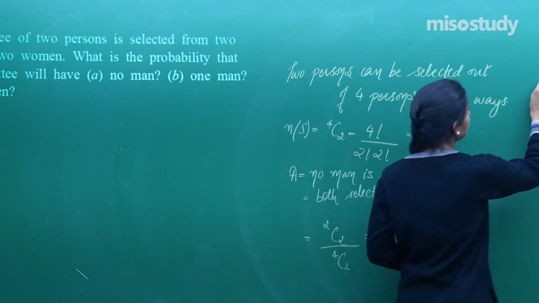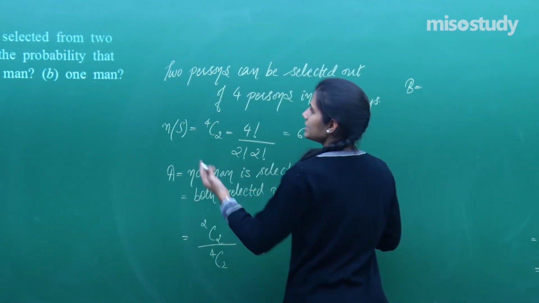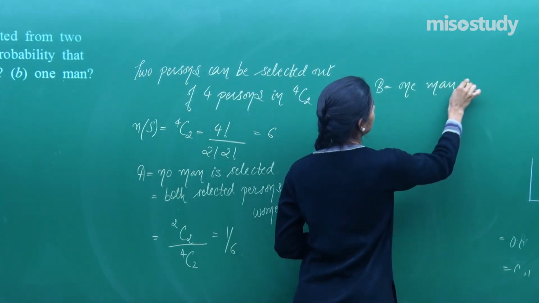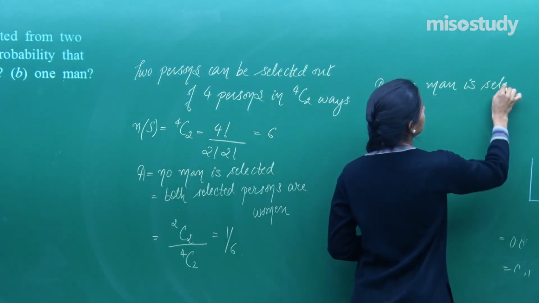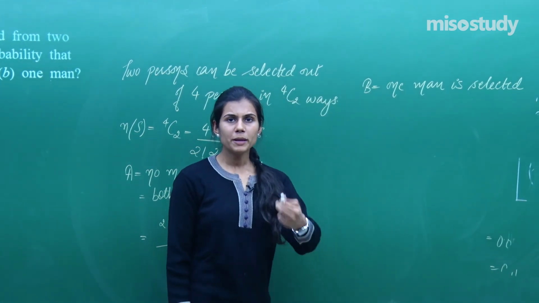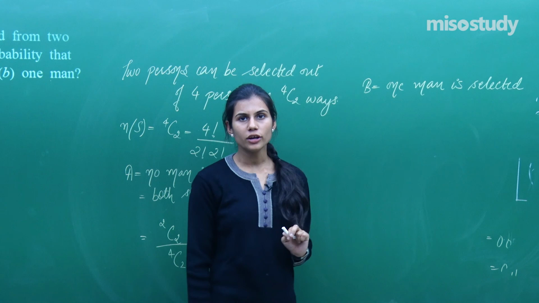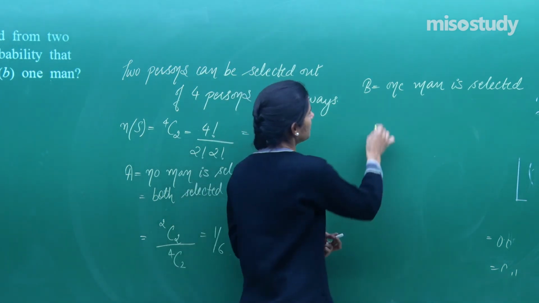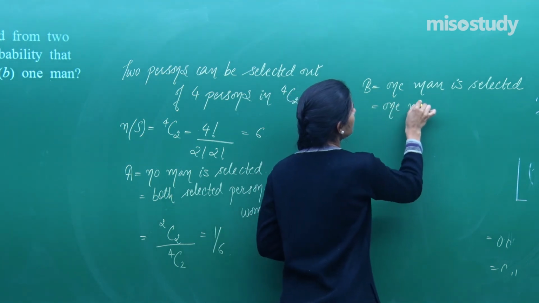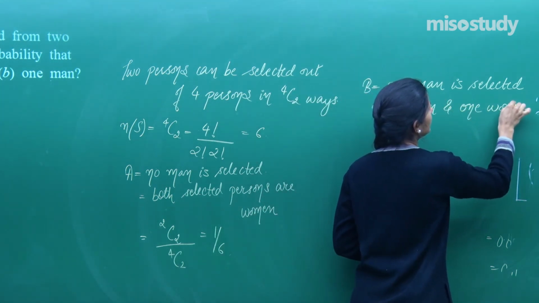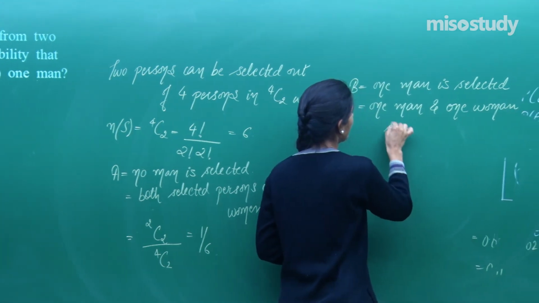Next you have event B, which says 1 man is selected. Now there are 2 men and 2 women, 2 people are selected. One is for sure a man, exactly one is a man, so the other has to be a woman, right? That means 1 man and 1 woman is selected.